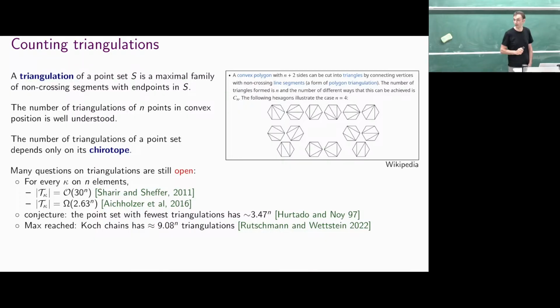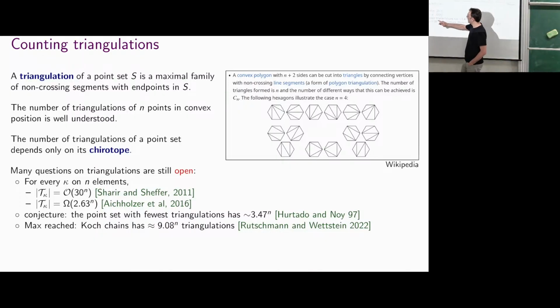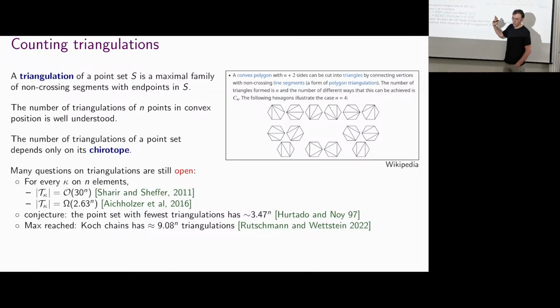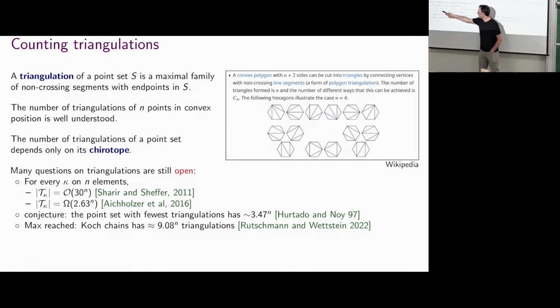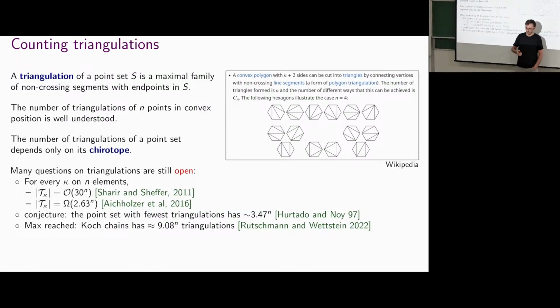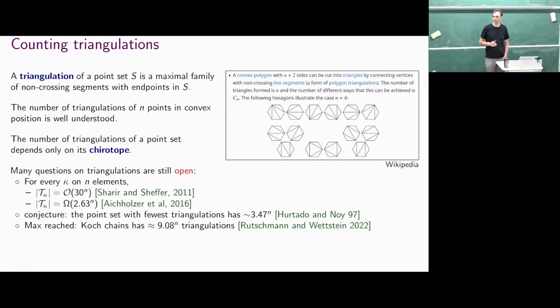What is kappa? Kappa is a chirotope, so any configuration of n points, that's the same. And that describes a set of triangulations of those points. Does that make sense?